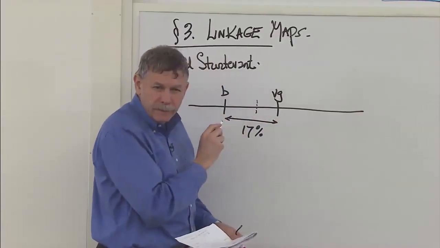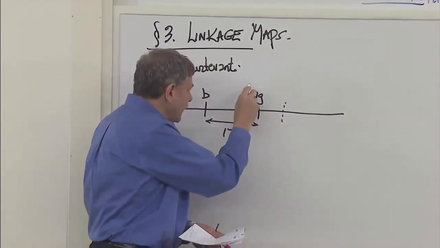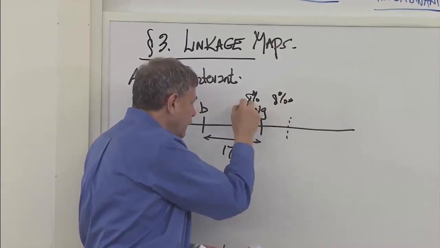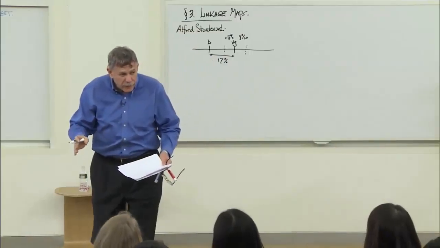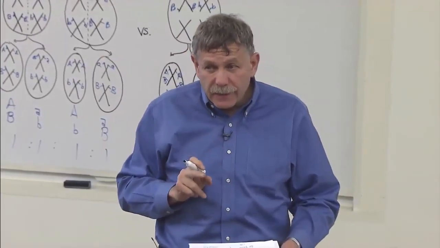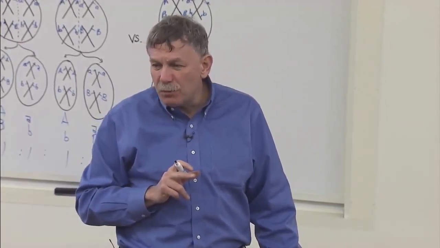So maybe cinnabar is over here. Or maybe cinnabar is over here. But either way, it's 8% to the left or 8% to the right of vestigial, if this chromosome theory is right. Which is it? How do we know whether it's to the right or to the left? Testable predictions.